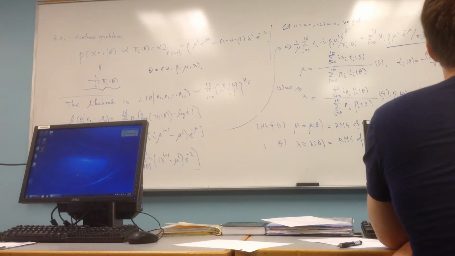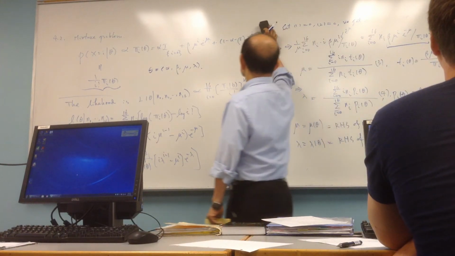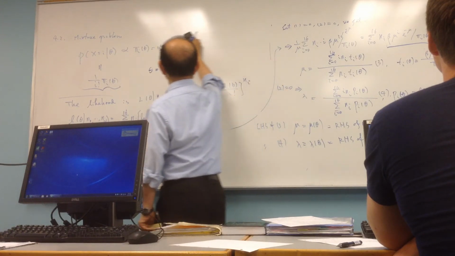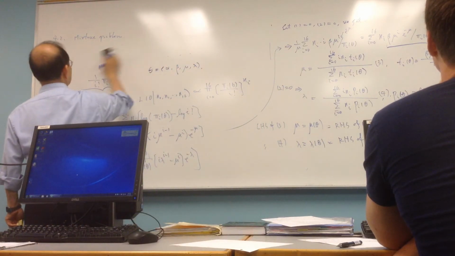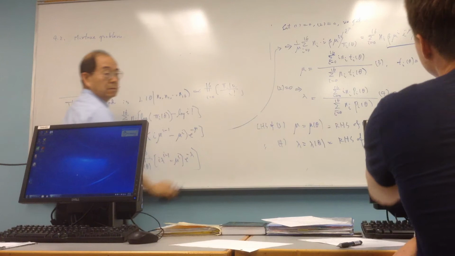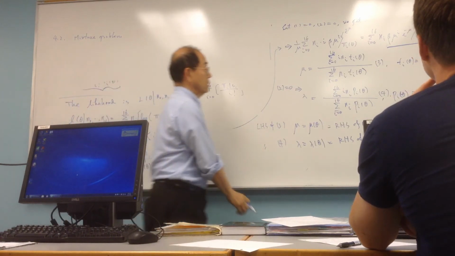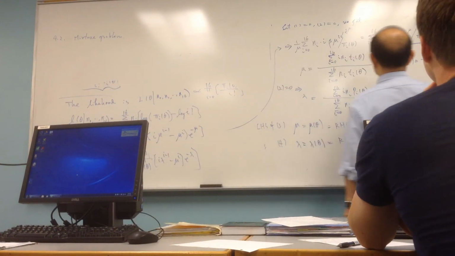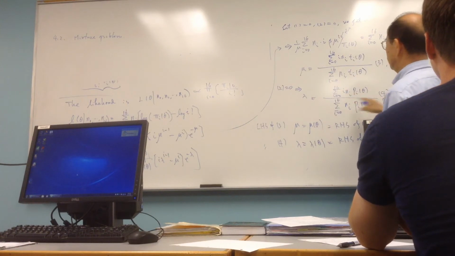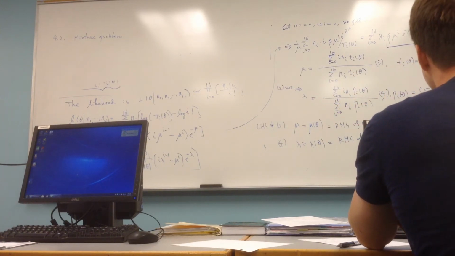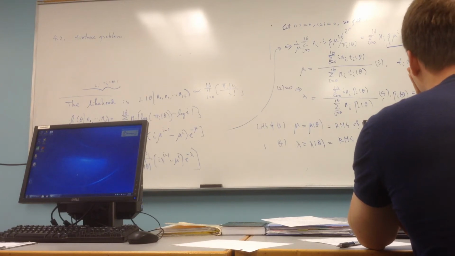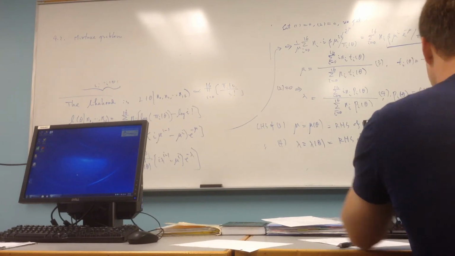Now, how do we get the alpha and the beta then? How does 3 go into the updated lambda? No, 3 for mu, 4 for lambda. Yeah. So this is from 3, that's from 4.